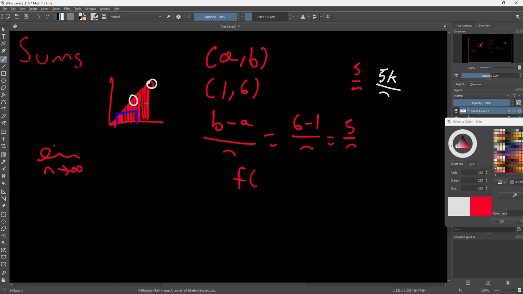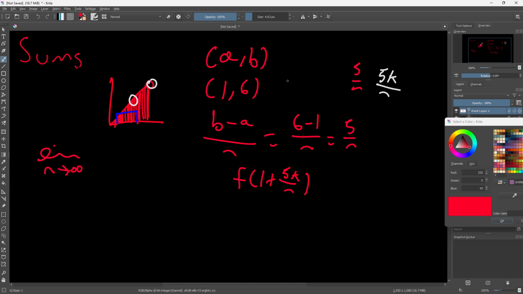And so you'd be like, okay, that's close. But you're not quite there because we're starting at the first endpoint. So we're starting at 1, right? So you can't just have this. So you'd have to start at 1 plus 5k over n. So what does this mean?